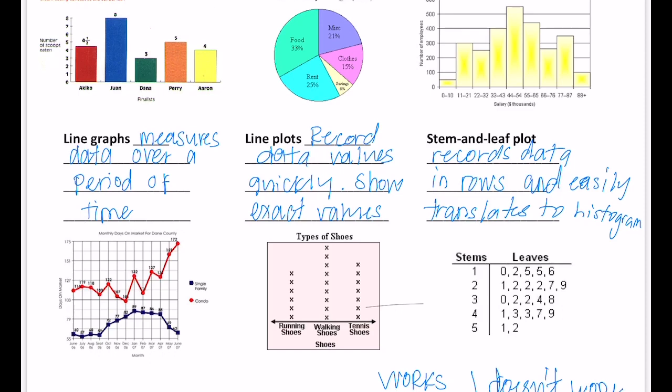A bar graph would do pretty well since it's in categories. You could use a line graph. Yeah, this is supposed to be line graph, guys. Oh boy, almost there.